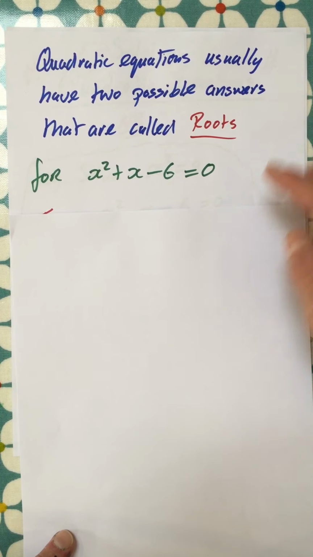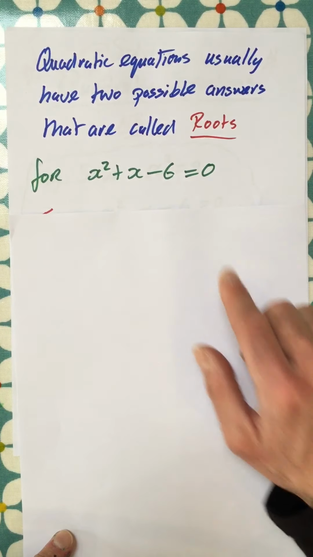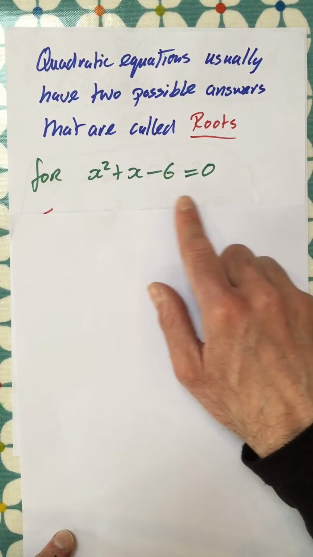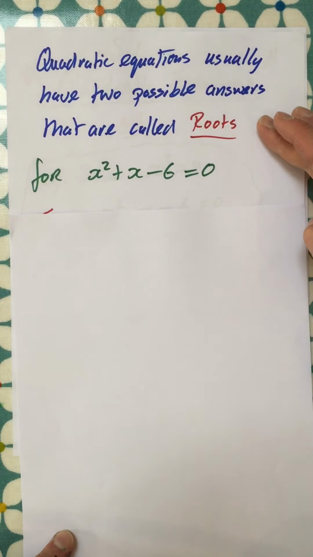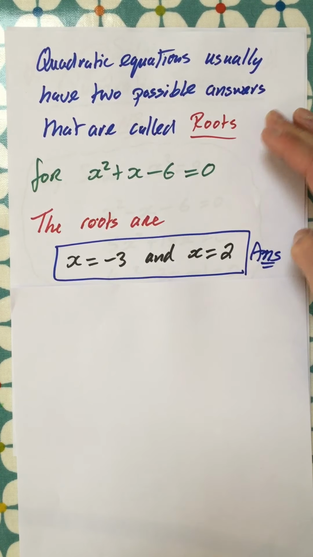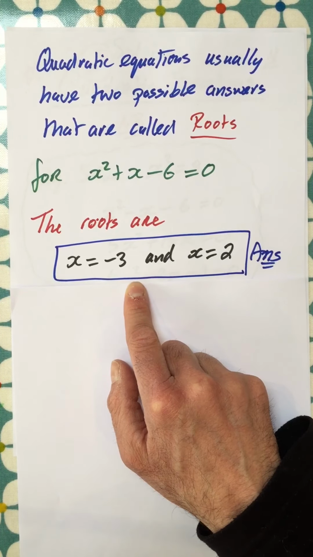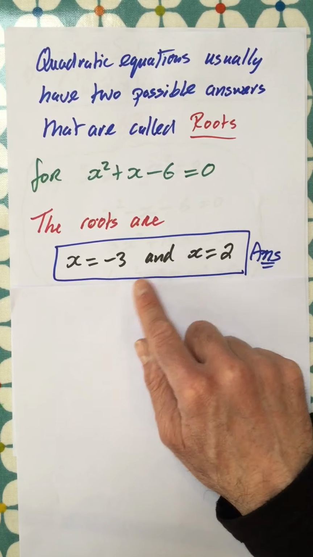So, for the example I just mentioned, x squared plus x minus 6 equals 0. If we were asked to solve this equation, we're looking for what x would have to be equal to make this equation true. The roots of this one turn out to be x equals minus 3 is one possible answer, or one possible root, and the other one is x equals 2. So there's two possible answers here.